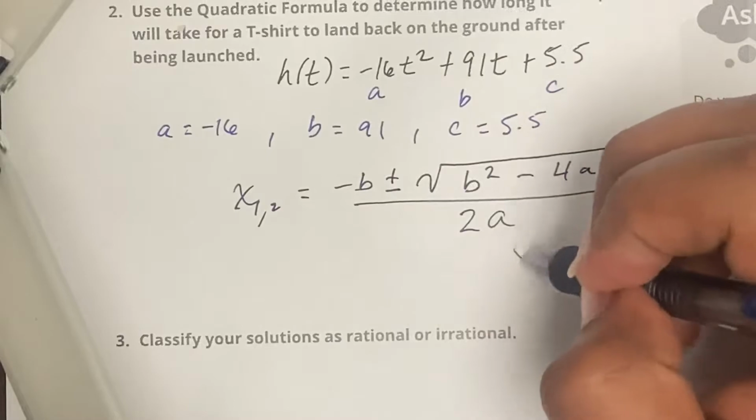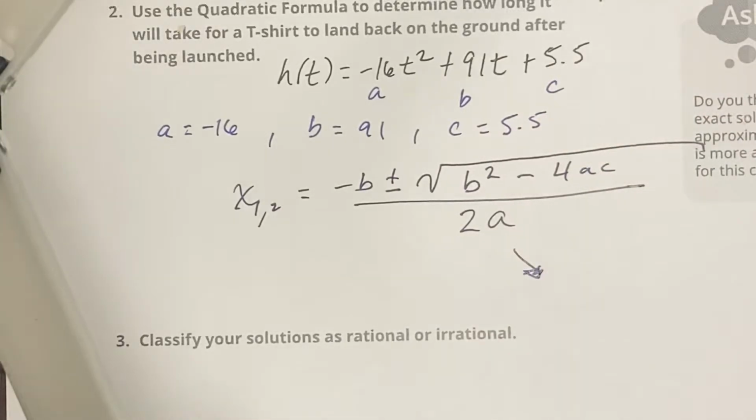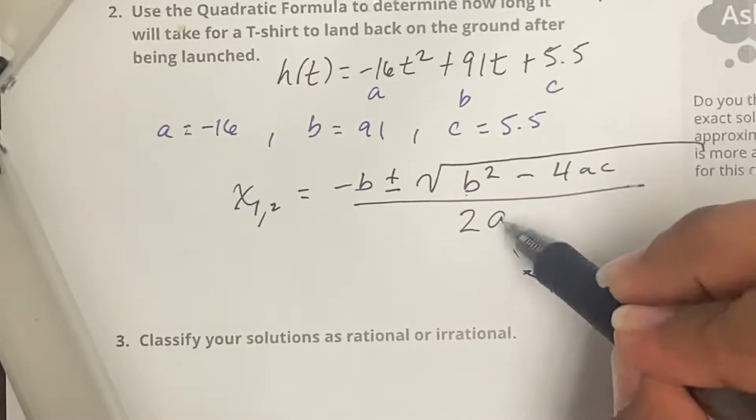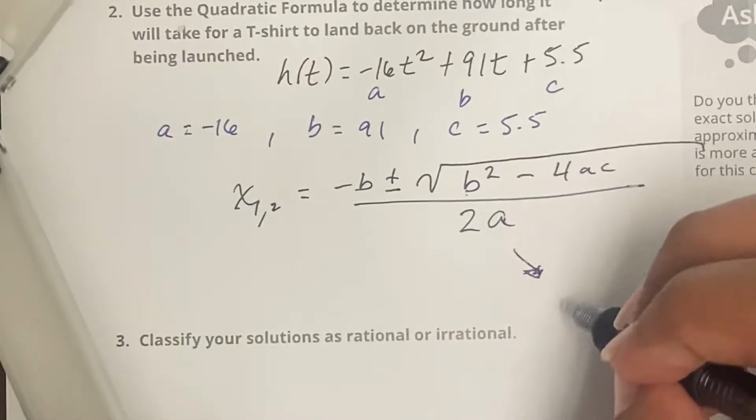Next, I'm going to write it to the side because we are running out of room. Instead of these variables, I'm going to write some parentheses.